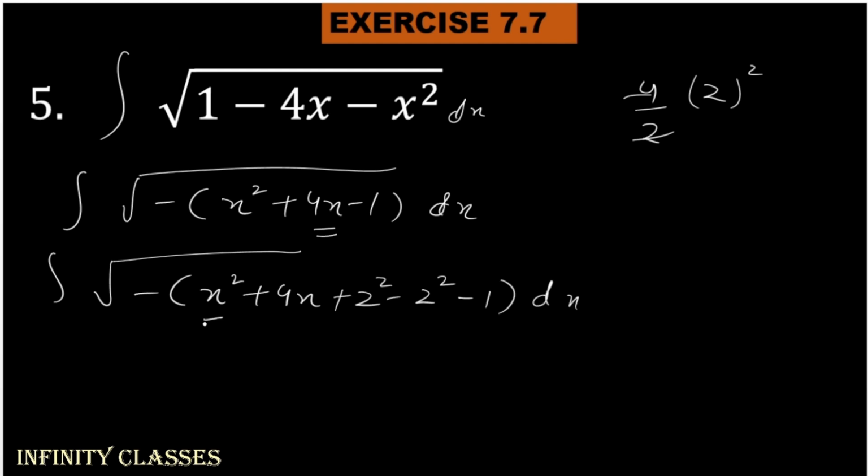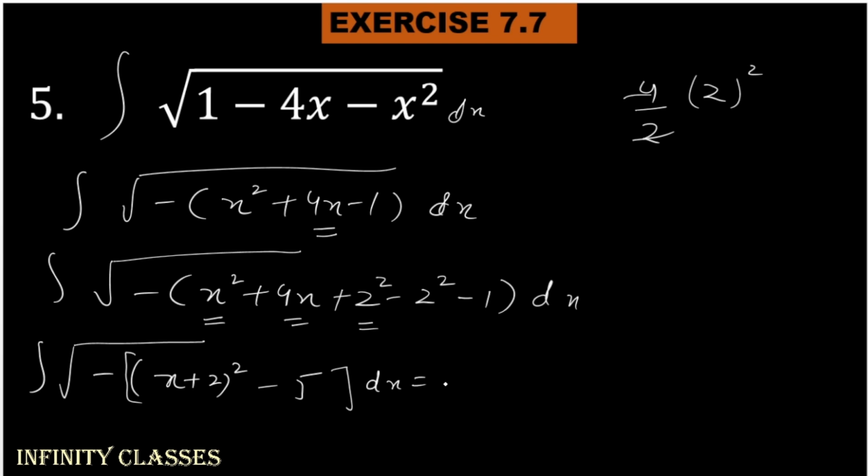Now this one is a square plus b square plus 2ab, so write this as minus a square plus b square whole square, and this one is 4 and minus 1, it will give us 5 dx.